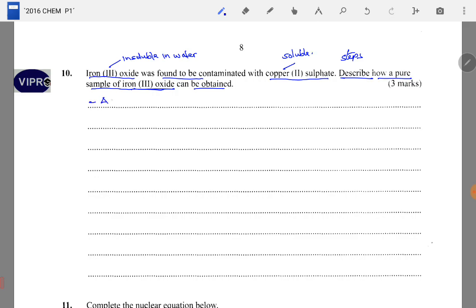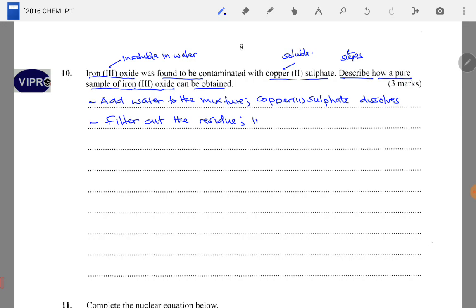We are going to add water to the mixture. And once you add water, copper 2 sulfate dissolves. Next, filter out the residue. And the residue in our case is iron 3 oxide.